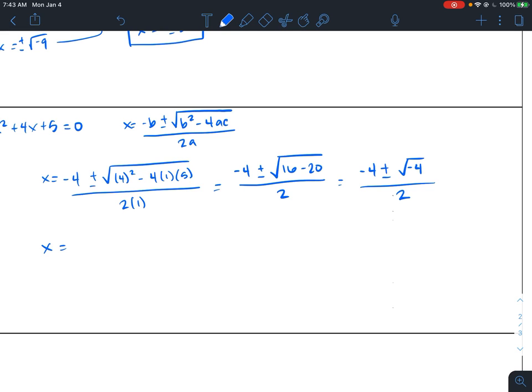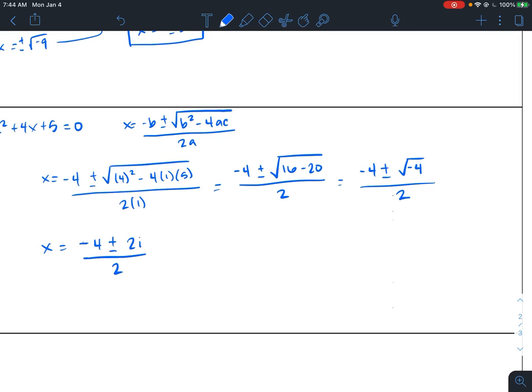So x is equal to negative 4 plus or minus the square root of negative 4. Since it's a negative, I know that there's going to be a square root of negative 1 in there, so there's going to be an i. And then there's the square root of 4, which is 2. So this will simplify to be 2i, divided by 2.